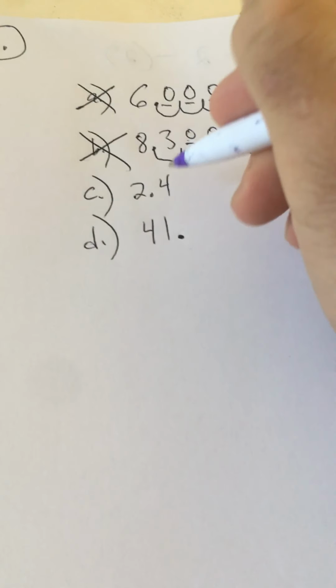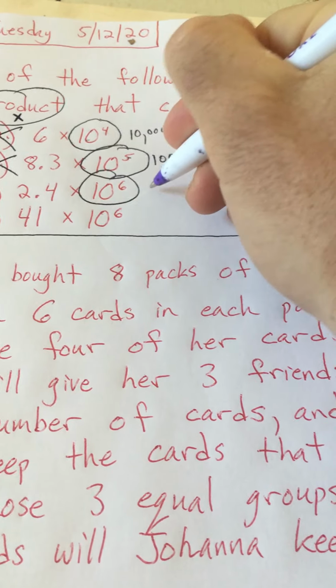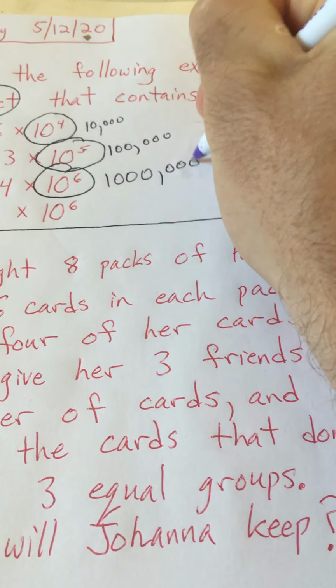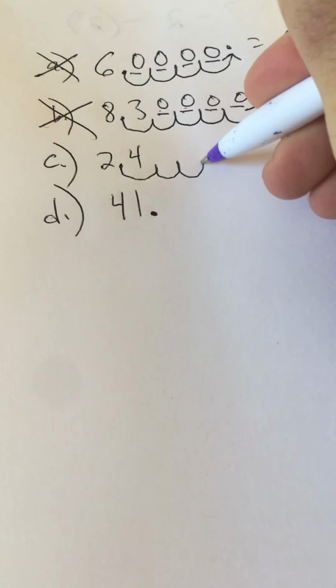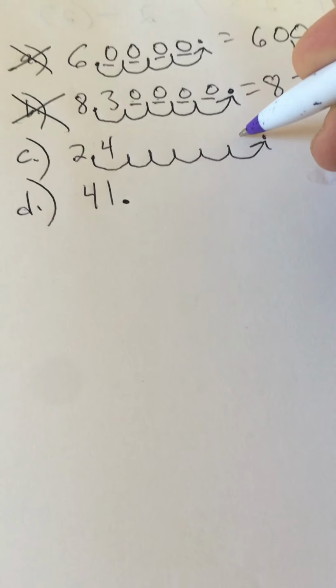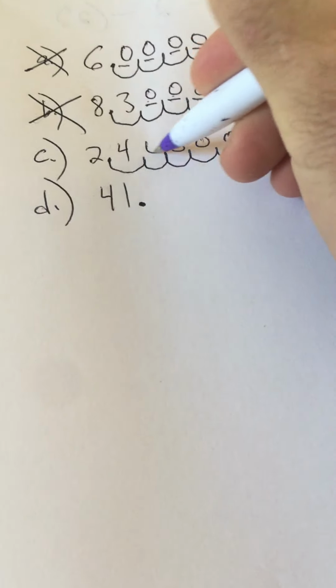Now C, 2.4 times 10 to the 6th. So we're multiplying it by a whole number of 10 to the 6th power, which is really 1 million. 6 zeros in the end, and we're going to move it to the right. So it started here. We went 1, 2, 3, 4, 5, 6. And you have to be very careful that every space here gets a 0.